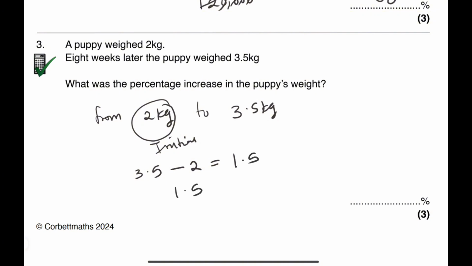Then 1.5 divided by 2 times 100. So 2 into 1.5 will be 0.75. So 0.75 times 100, that will be 75% increase. I hope that makes sense.